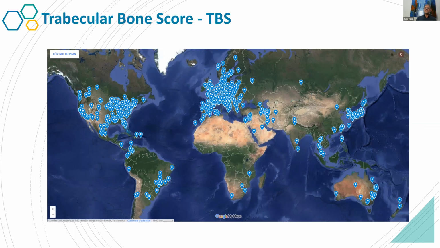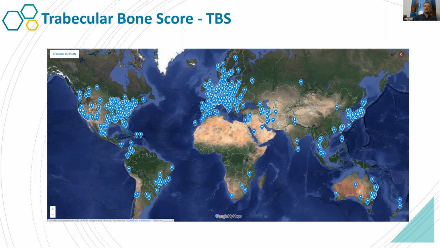Because it's easy to use and you can retrospectively analyze the past, there are already more than 2,500 systems installed worldwide. A lot in Europe, because that's where it started, but also a lot in Japan, in Asia, and in the United States, where there are close to 500 licenses.